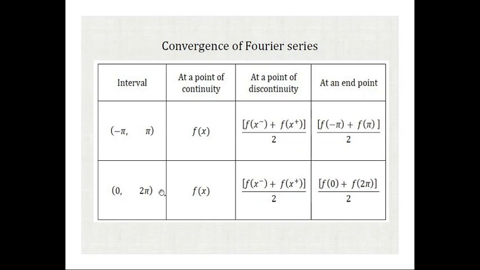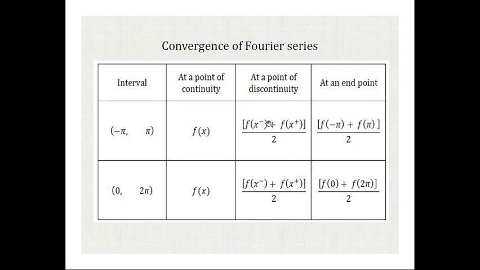If the function is continuous at all points and satisfies Dirichlet's conditions, then no problem. You can give any value of x on both sides, you get the same value. But when the function is not continuous, or when you are going to check the value at an end point of the interval, in those cases it will not converge to f of x, it will converge to some other value.